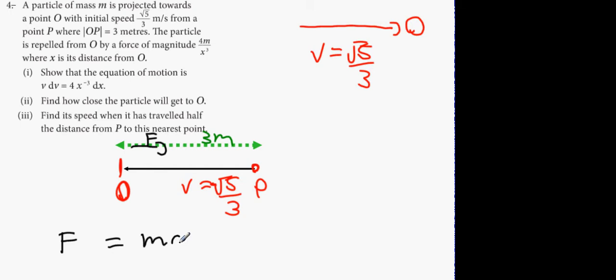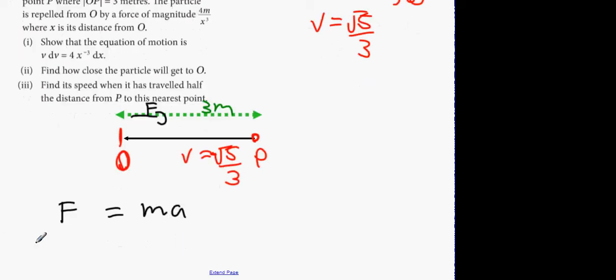And please remember, it's a differential equation. So force equals plus 4m over x cubed. Mass is m. A is defined as the acceleration. A is now dv dt.